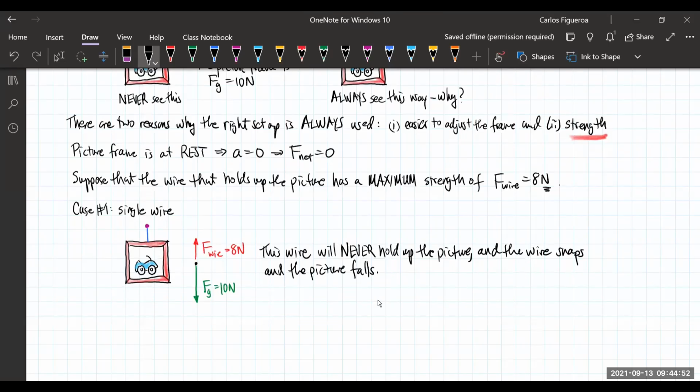Now I could get a wire that can handle more strength, but note that that costs more money. And typically companies want to save money.